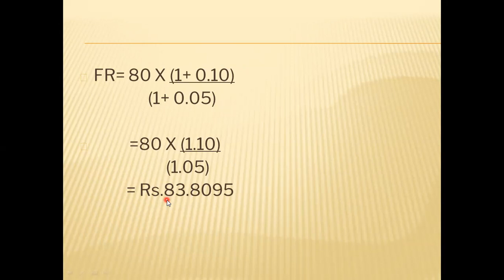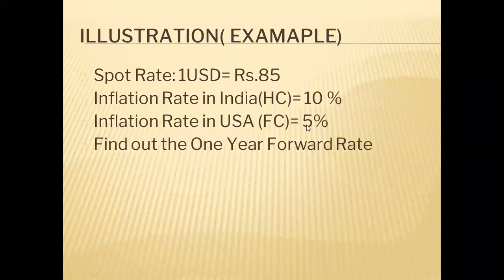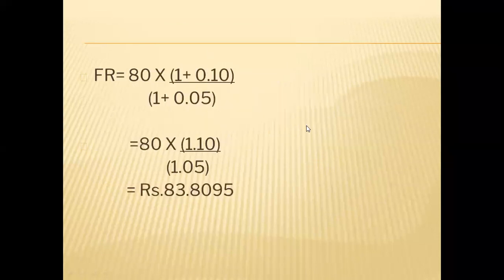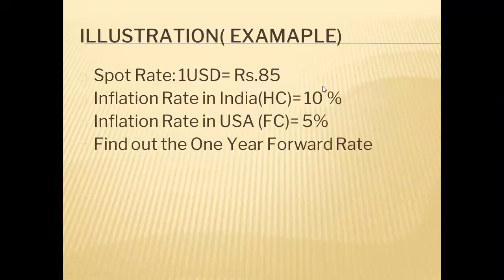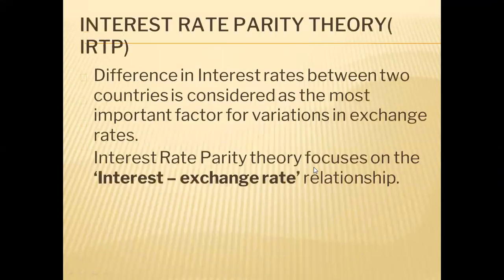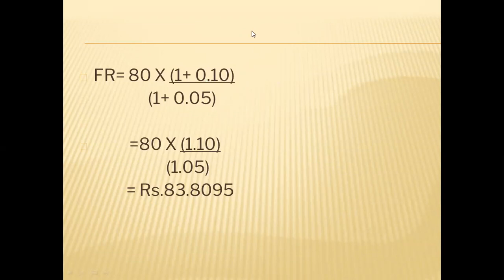The country whose inflation is lower, its currency will be appreciating in the forward market. That's why the US dollar rate is increasing, because US inflation is less than India's inflation. That's why the US dollar price increases in the forward market.